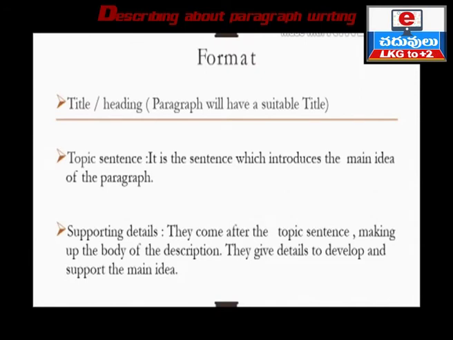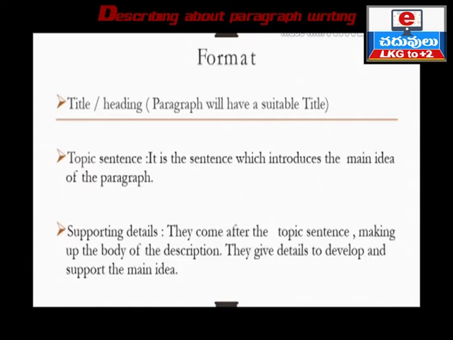First, look at the format. Any paragraph will first have the title. After the title, we'll leave some space and then we will write a few sentences relevant to the topic. In the same manner, a descriptive paragraph will have a suitable title. After the title, we'll leave some space, then we'll start writing the sentences.